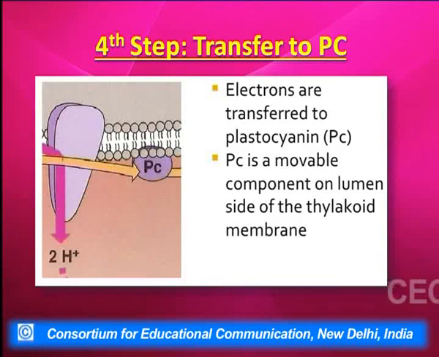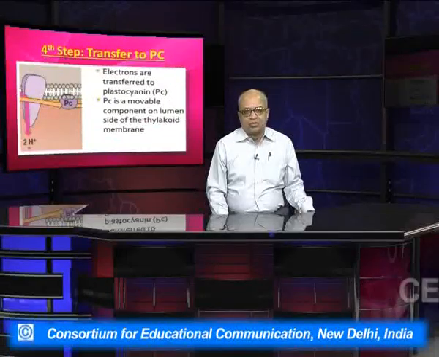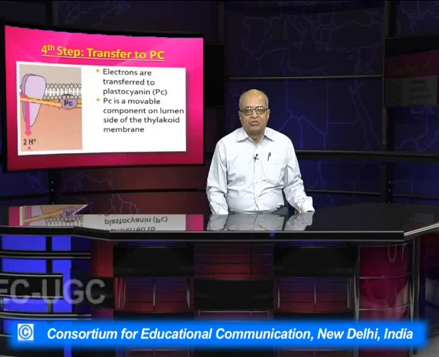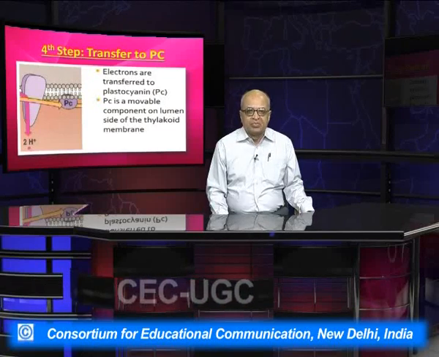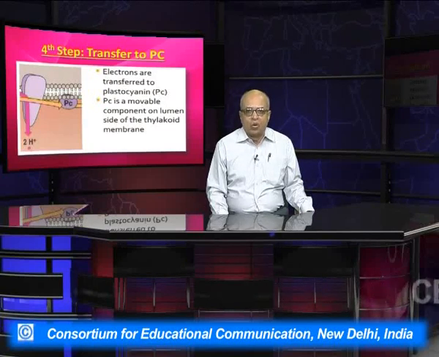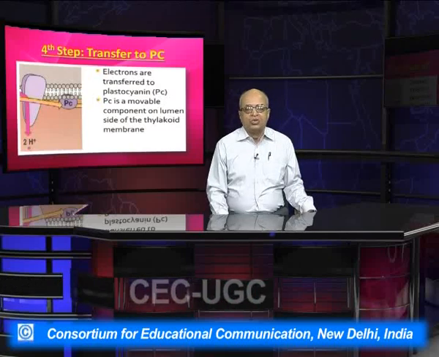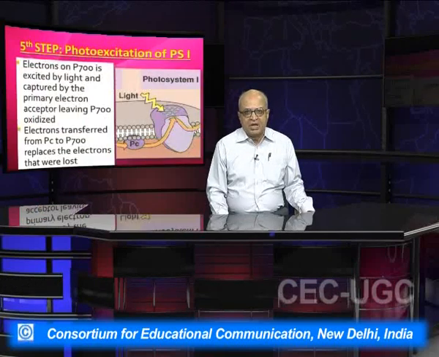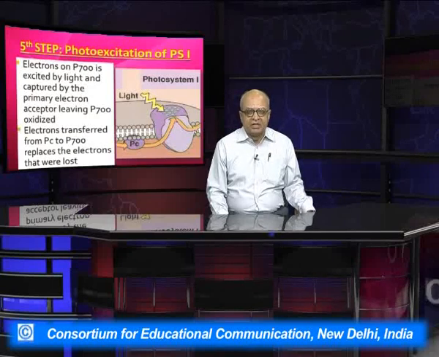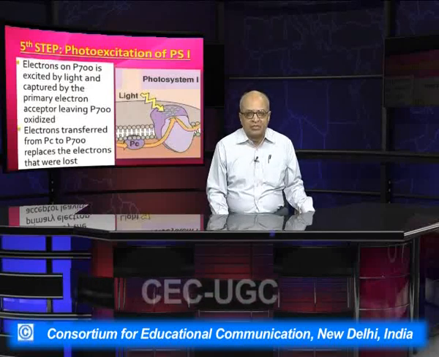So, these are the two mobile elements within the plasma membrane. All others are fixed, and they have a particular vectorial arrangement. So, plastocyanin is going to be in fact a connecting link between photosystem 2 and the photosystem 1. So, first or the initial 4 steps, they belong to the PS2, and the fifth step is the beginning of the photoexcitation of the photosystem 1.